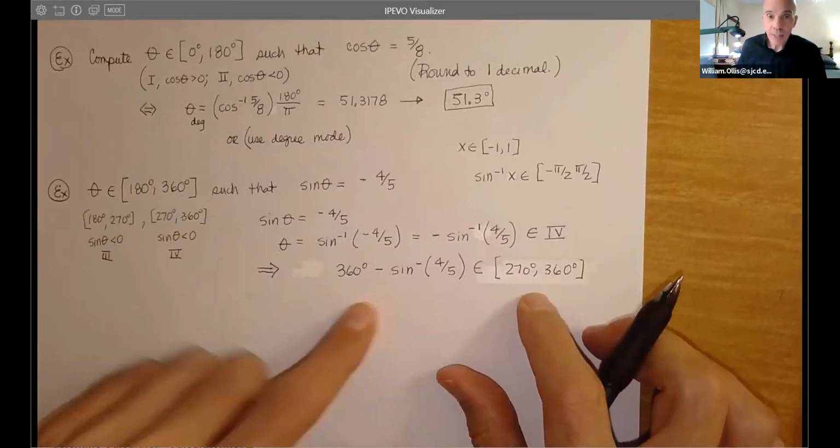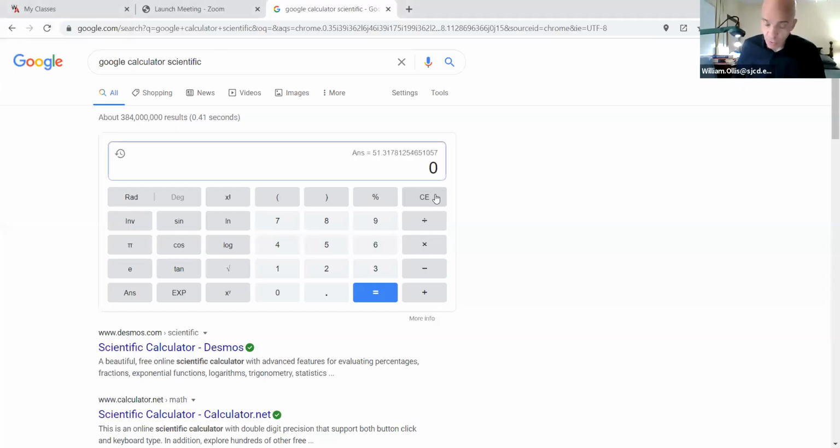And so now let's go to our Google calculator. I told you the inverse trig functions are our friends. So now let's just do it. Okay, degree mode, make sure you have the DEG. So we'll have 360 minus, go do the inverse. So click that and sine inverse. So we got the arc sine, and then we have 4 divided by 5 and close that out.